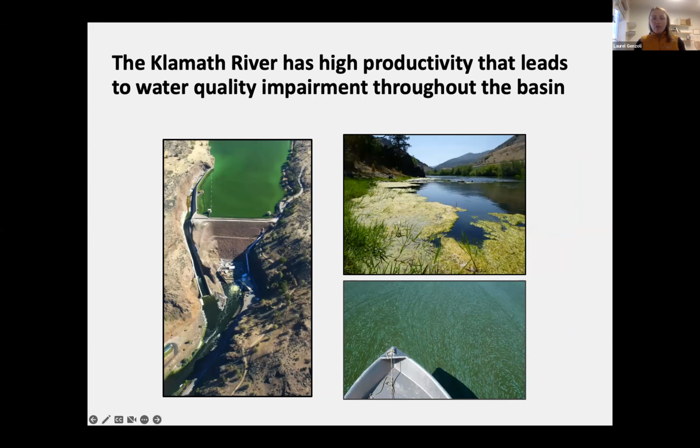And in the free-flowing sections of river, including the 190 miles of pretty high-energy river below Iron Gate Dam, we get a lot of species that are attached to the river substrate, and we get this buildup of biomass of filamentous algae and aquatic plants. Again, throughout the basin, this leads to water quality impairment and really limits people's ability to contact and use these waterways in the summertime.